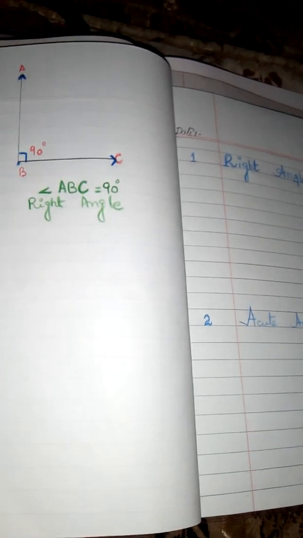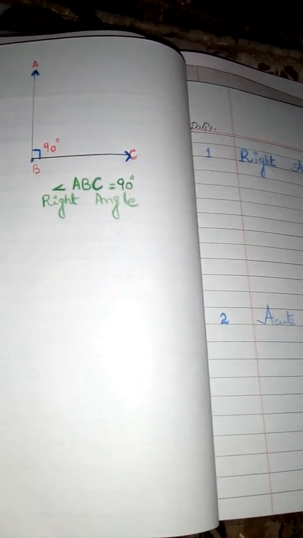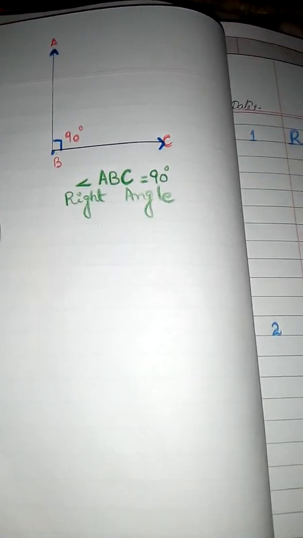In the same way, you are going to draw an obtuse angle. You know it very well that the definition of an obtuse angle is that it should be greater than 90 and less than 180 degree. You can select 177 degree, you can select 95 degree, any degree which is less than 180 degree but greater than 90 degree.